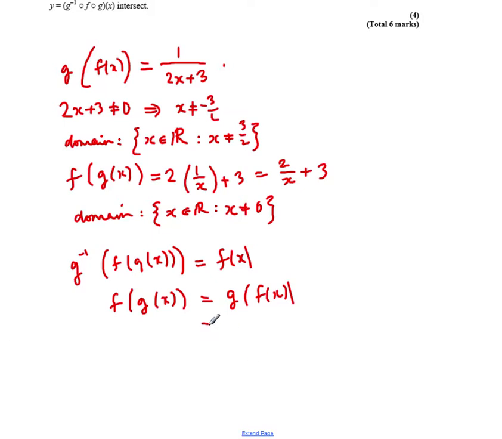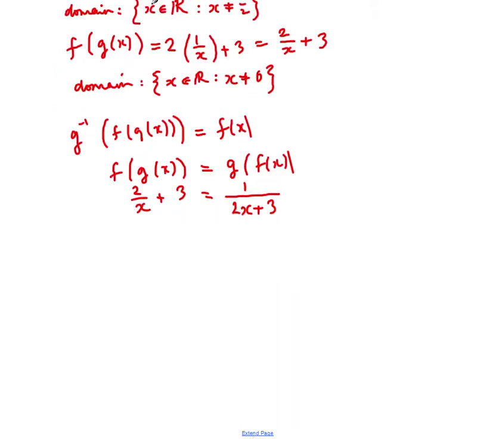And the reason that that's nice is that we've already got an expression for g of f of x. It's this thing over here. So we can now write 1 over 2x plus 3 is equal to 2 over x plus 3.